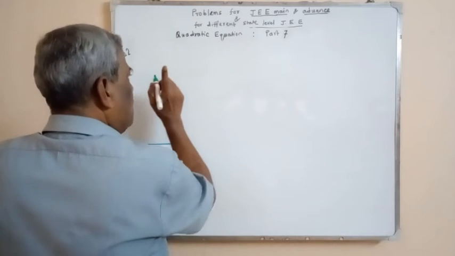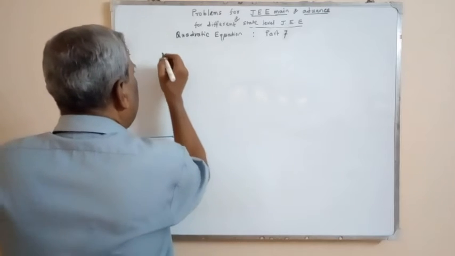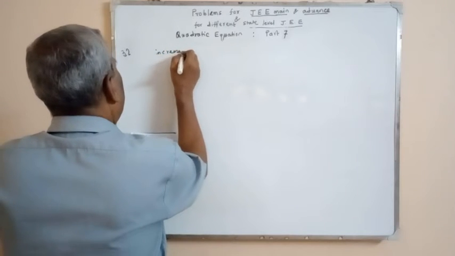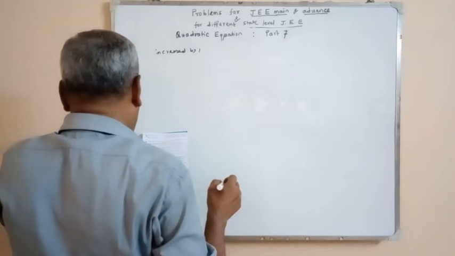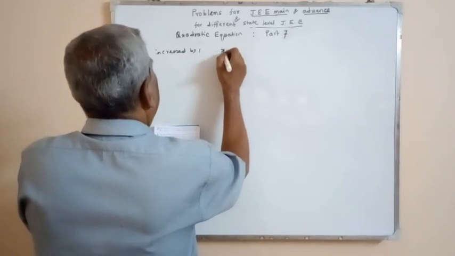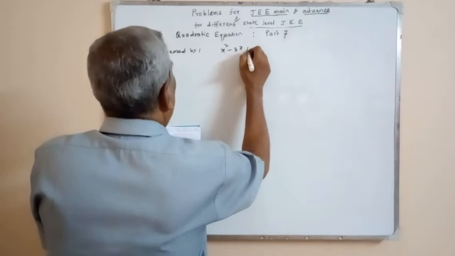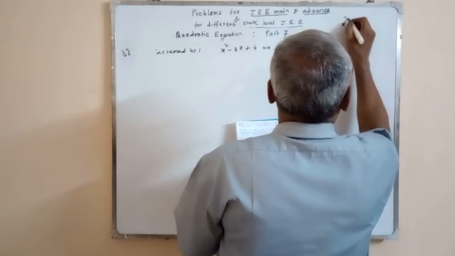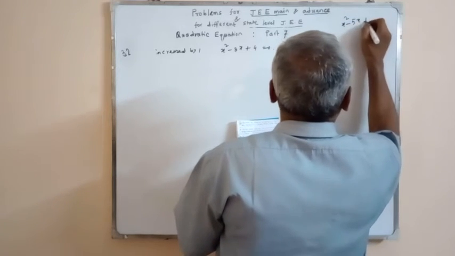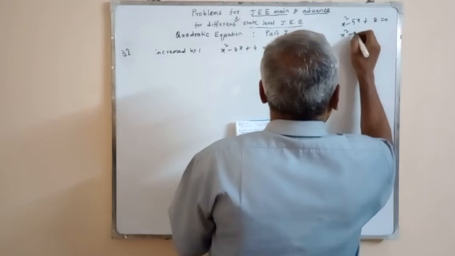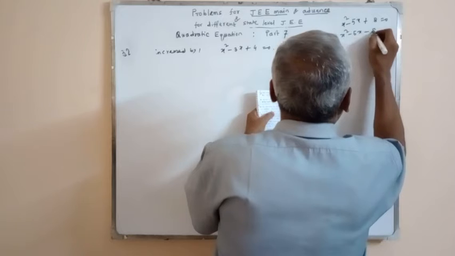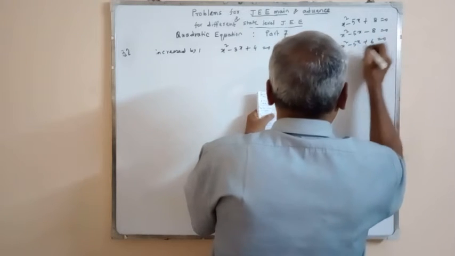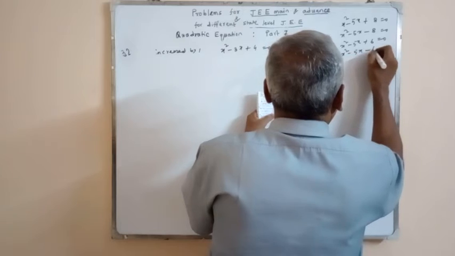The equation whose roots are each increased by 1 of the roots of the equation x squared minus 3x plus 4 is equal to 0 is: option x squared minus 5x plus 8 is equal to 0, x squared minus 5x minus 8 is equal to 0, x squared minus 5x plus 6 is equal to 0, x squared minus 5x minus 6 is equal to 0.